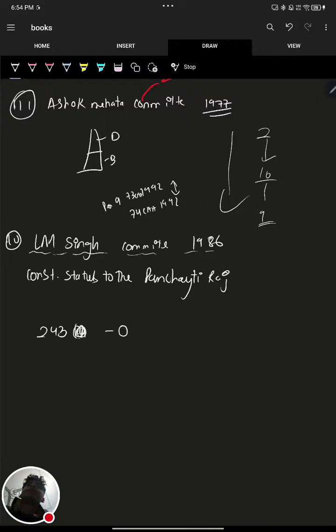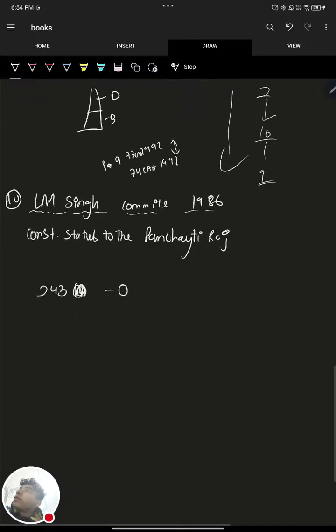First is the Gram Sabha. 243B says every state has a village panchayat, but it can be removed, since some states have tribal areas and don't allow village panchayat.